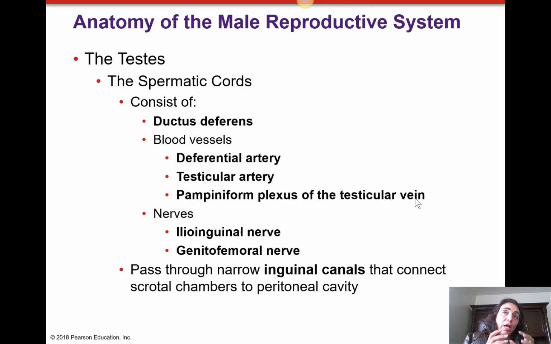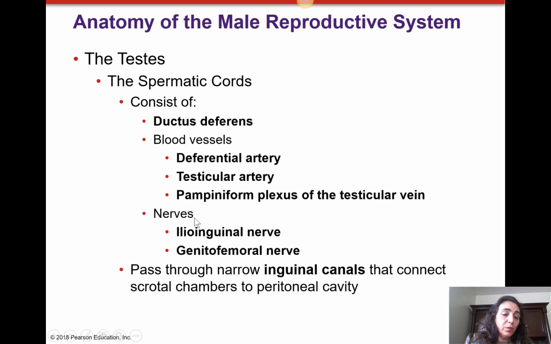As we discussed, having a stable and lower temperature compared to the core temperature inside of the body is essential for sperm production inside of the testes and its functions. Therefore, the pampiniform plexus helps in cooling down the temperature, right?